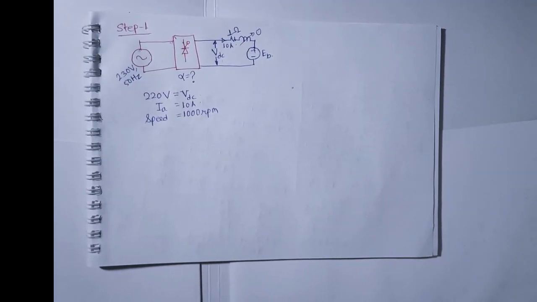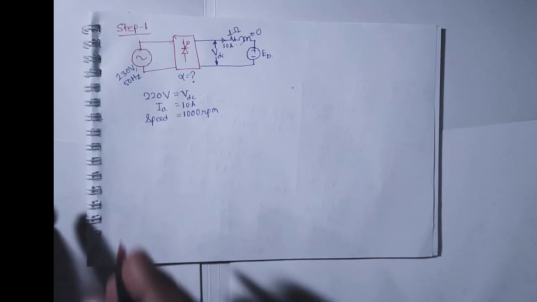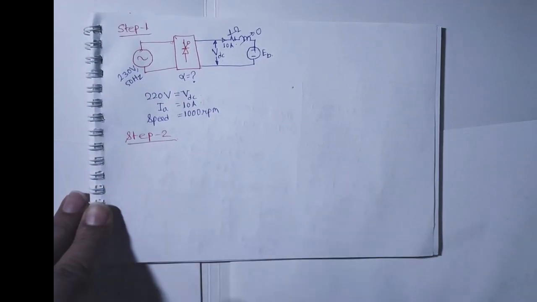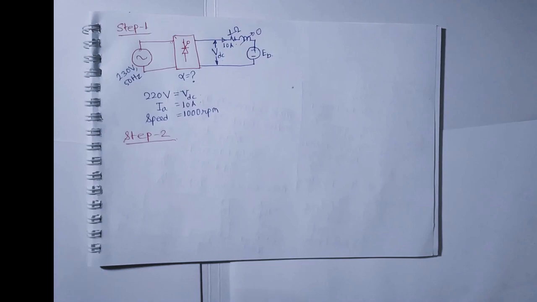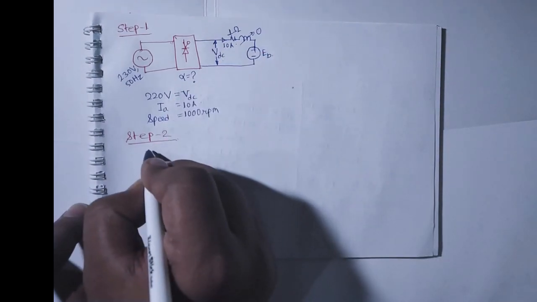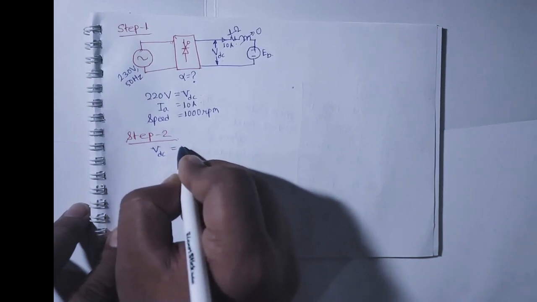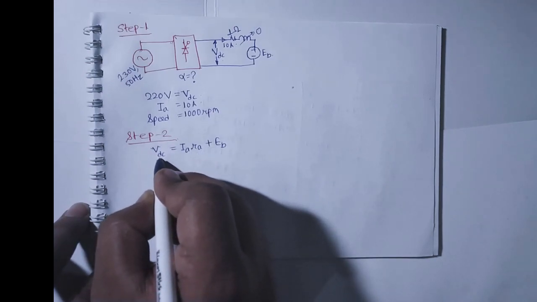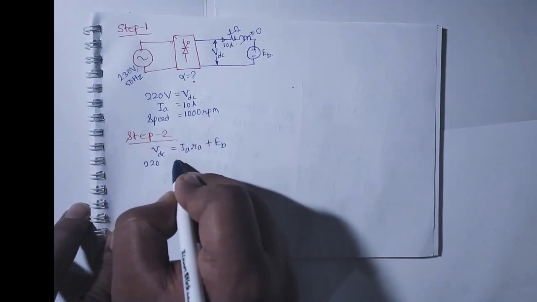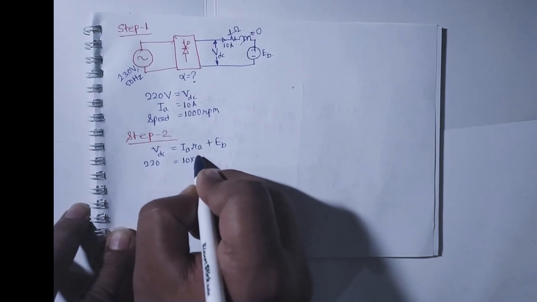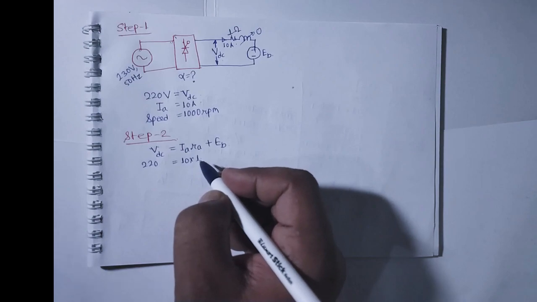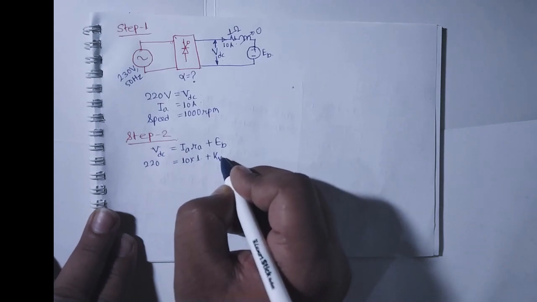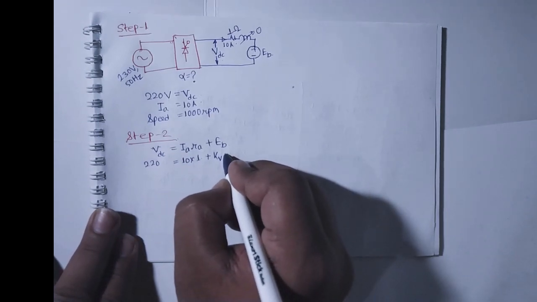So moving on to step 2, we will see if rated condition is given, then what more we can tell about this motor. This voltage, VDC, equals IARA plus EB. Now when VDC is 220 volt, IA is 10, RA is 1, and EB can be written as voltage constant of the motor into omega r.